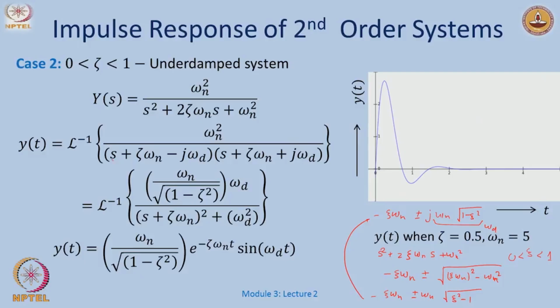That is how the roots expand: s plus zeta omega n minus j omega d and plus j omega d, exactly what is here.